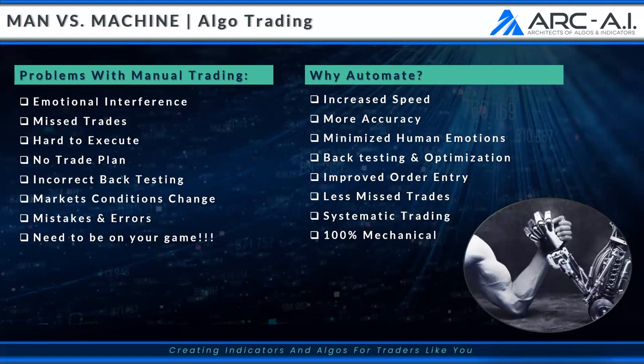So when we look at the problems with trading on our own versus automation, there are some advantages to being able to automate. There are difficulties and challenges that every trader faces at one point or another, and sometimes at every point. Things like emotional interference, missed trades, and hard to find a good trading plan.